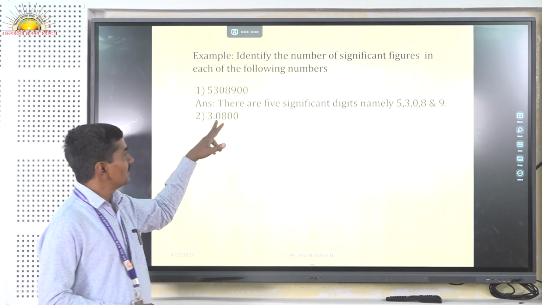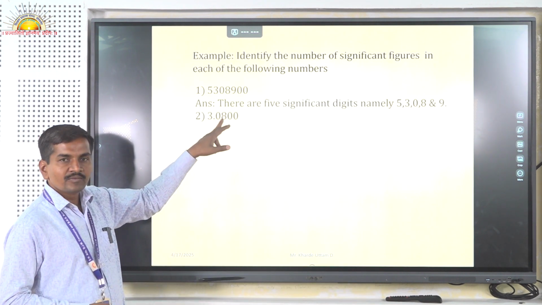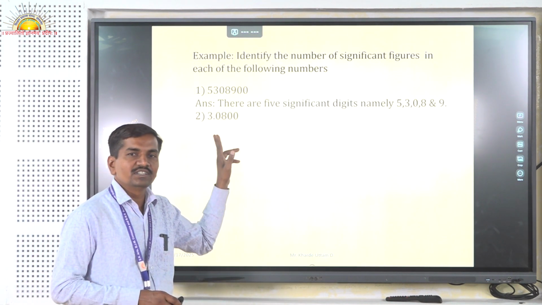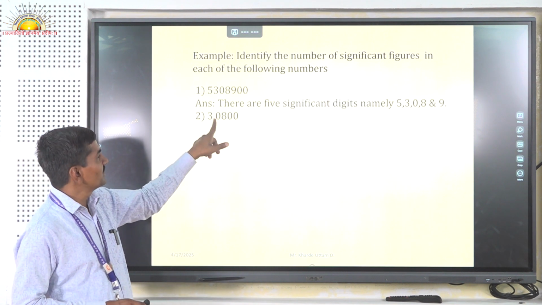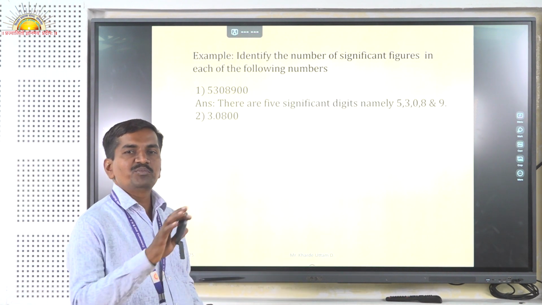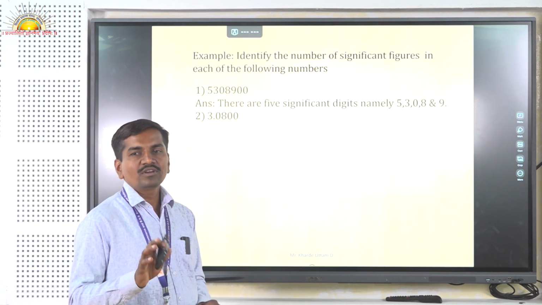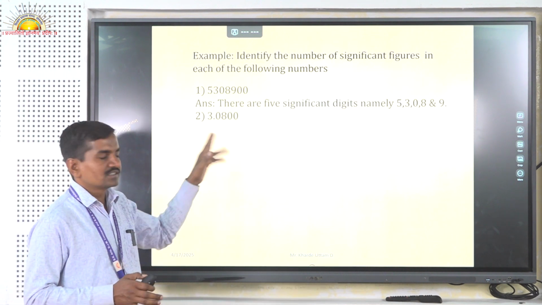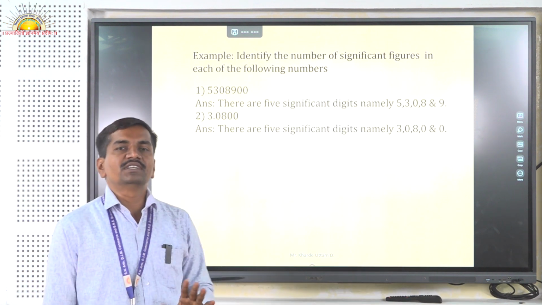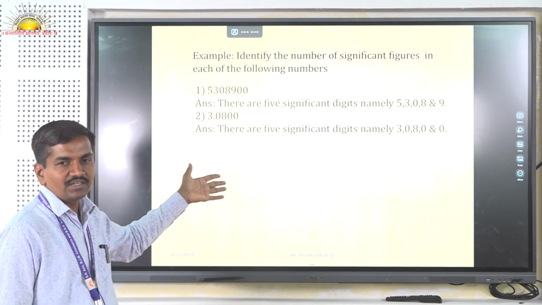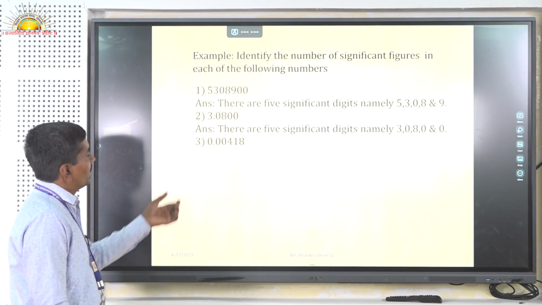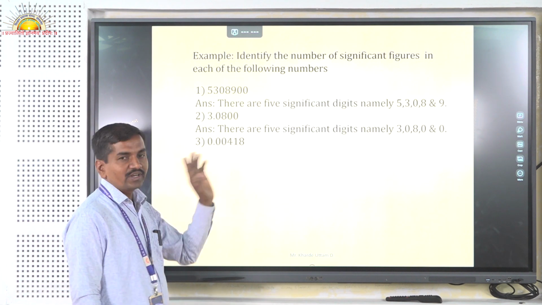So 3 and 8 are significant. The zero between 2 significant digits is also significant, and the last 2 zeros are trailing zeros in the decimal portion, therefore we will consider them significant. Therefore the given number has 5 significant digits, namely 3, 0, 8, 0, 0.